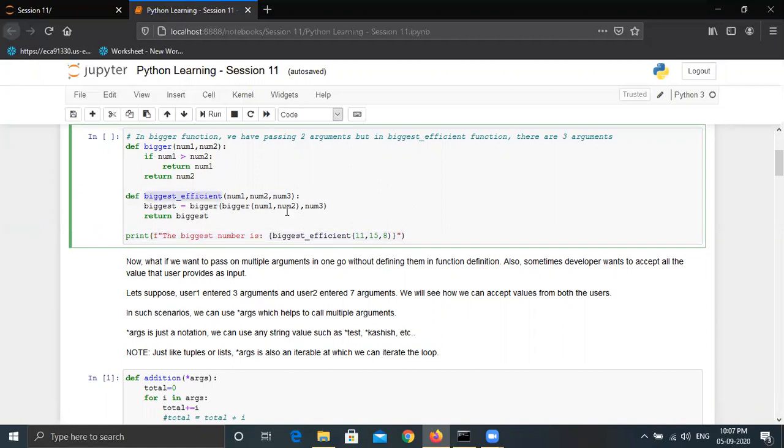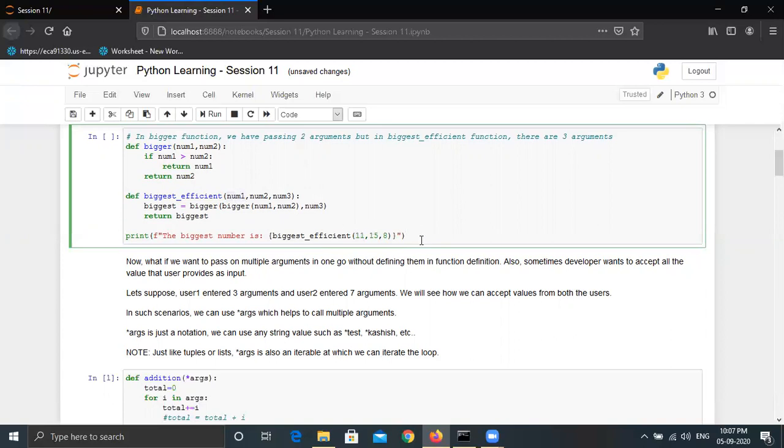We are calling this function and passing 3 arguments, which are the values for these 3 numbers. If you remember the concept, these are positional arguments, since we are not giving it as num1 equals something. We are simply passing the values, so all of these values will be assigned to their respective positions.